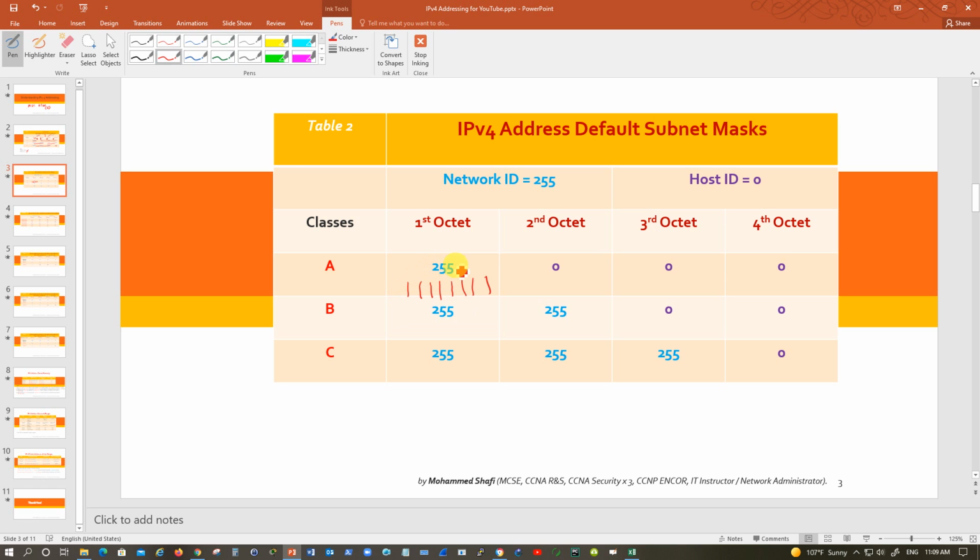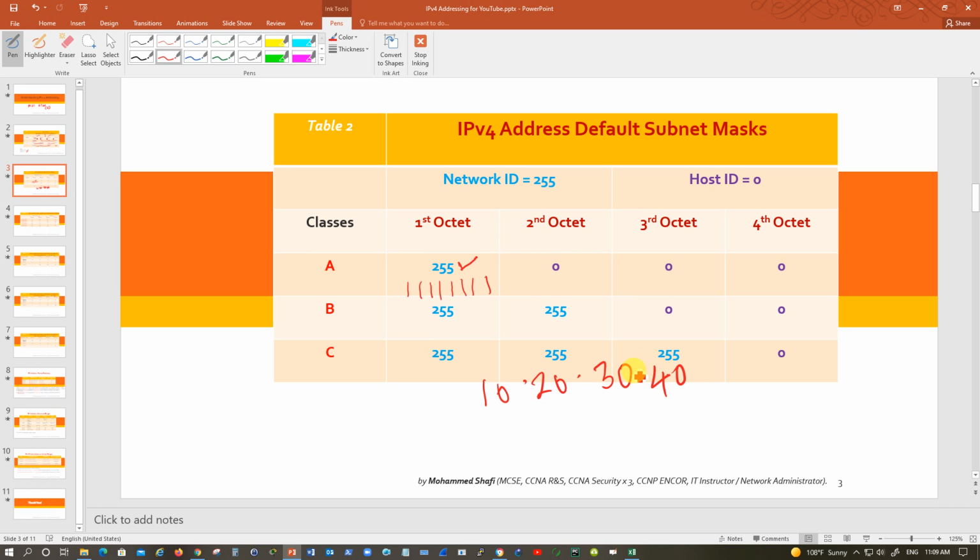Okay, so whenever you want to tell the PC that starting from the first octet is a net ID, you will tell by typing 255. Okay, so supposing I have an IP address, any IP address, take example of this, they are represented like this.